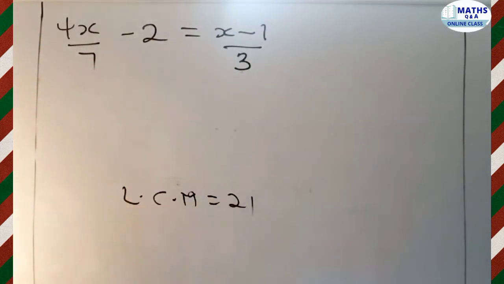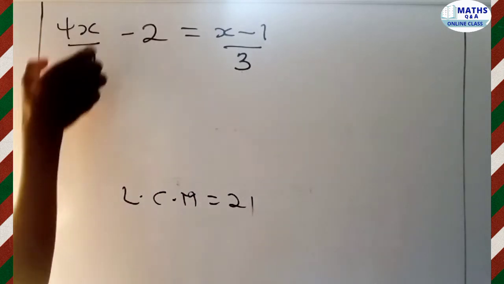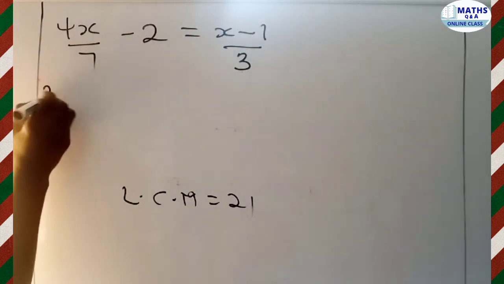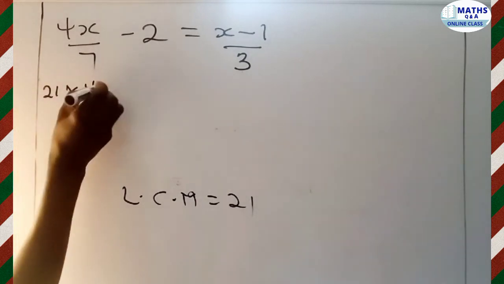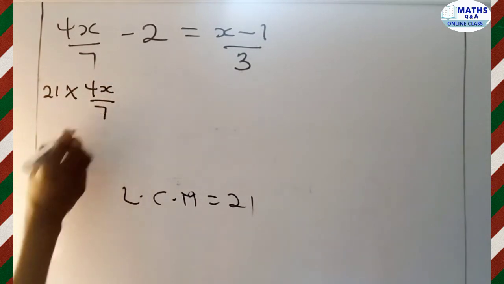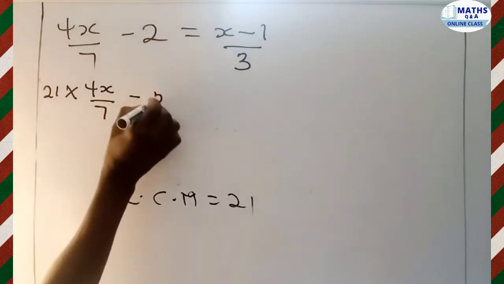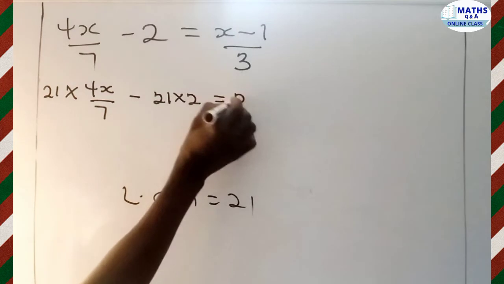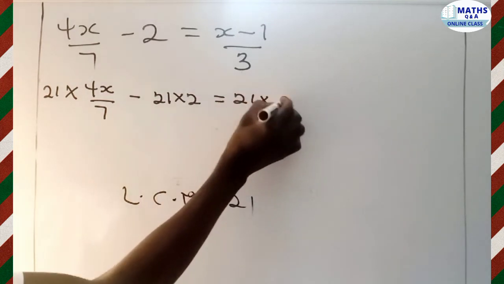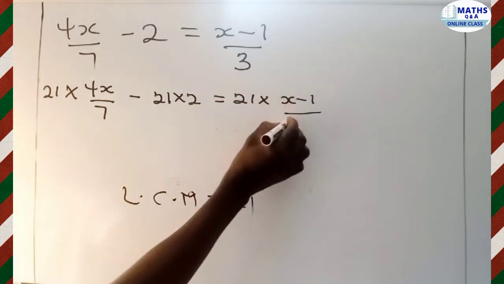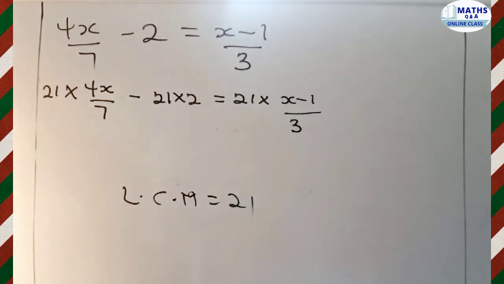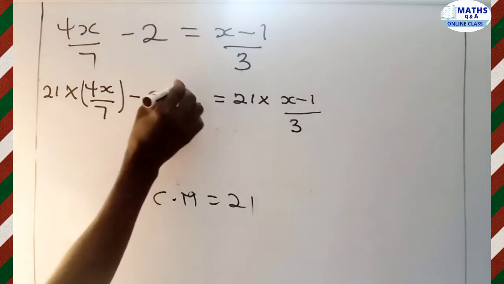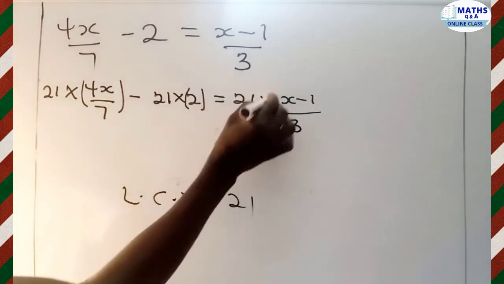Now that we know the LCM to be 21, we multiply it by each term in the question, right? So we have 21 multiplying 4x divided by 7, minus 21 multiplying 2, equal to 21 multiplying the whole of x minus 1 divided by 3. Now let me put them in brackets for you so that you will not get confused, right?